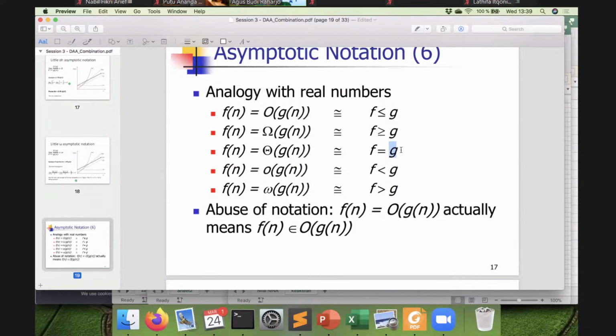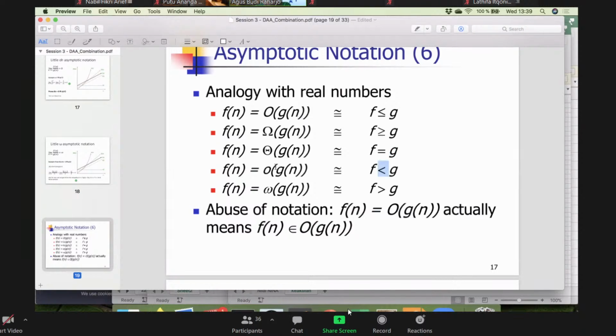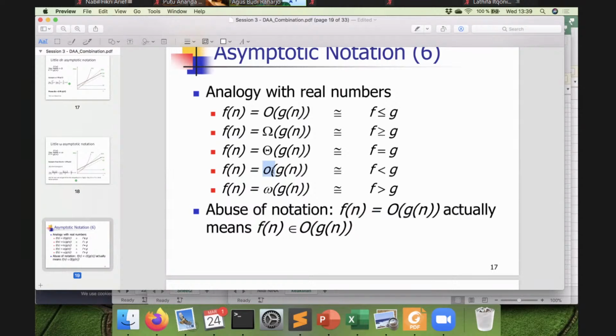This is the actual bound, and this is less, a very wide distance. So it's less than, and this one is more than. And as I stated previously, f(n) equal to big O g(n) actually means f(n) is an element of the set big O g(n). So this one is a set, and f(n) is not a subset, sorry, subset is different. It's an element of big O g(n).